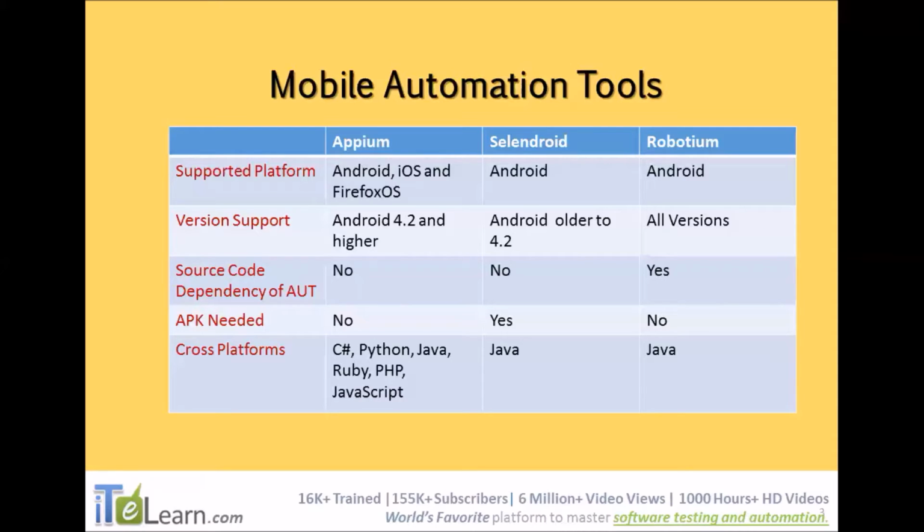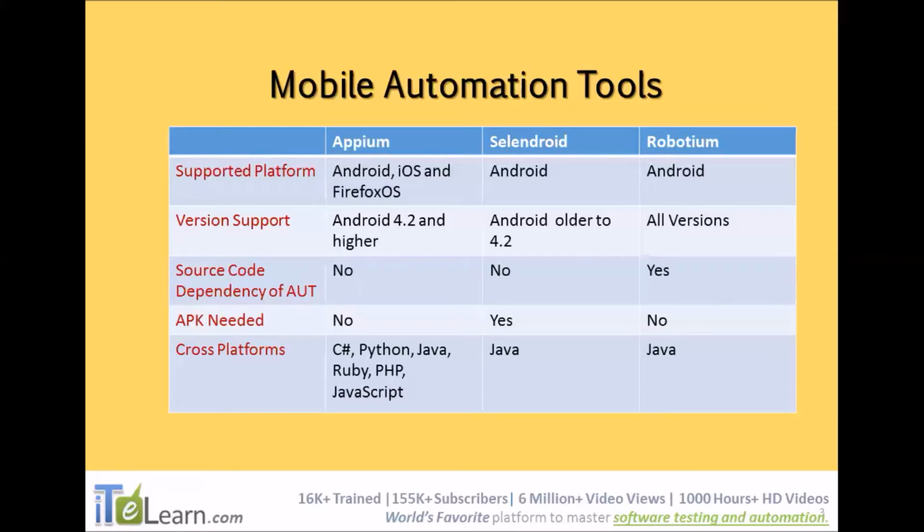To mention here, the Appium framework can be driven with scripts in any programming language that you write: C Sharp, Python, Java, Ruby, PHP, JavaScript. These are the different programming languages in which you can write the client library scripts. Along with that, if you compare the same with Selendroid and Robotium, they only support Java platforms. So again, Appium wins the deal over the two other frameworks.